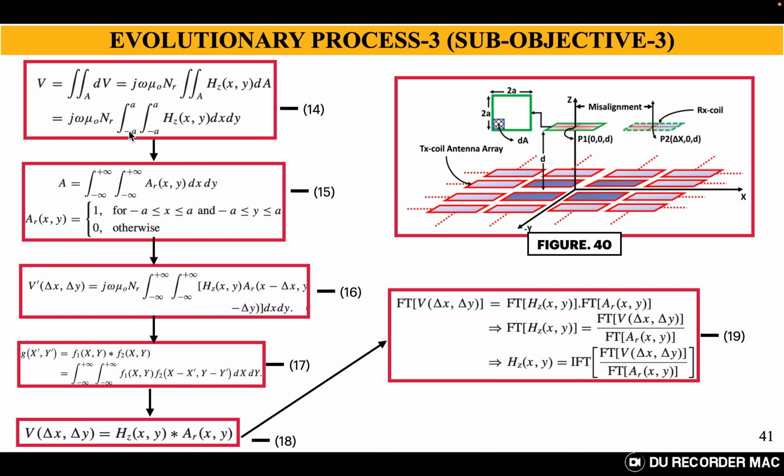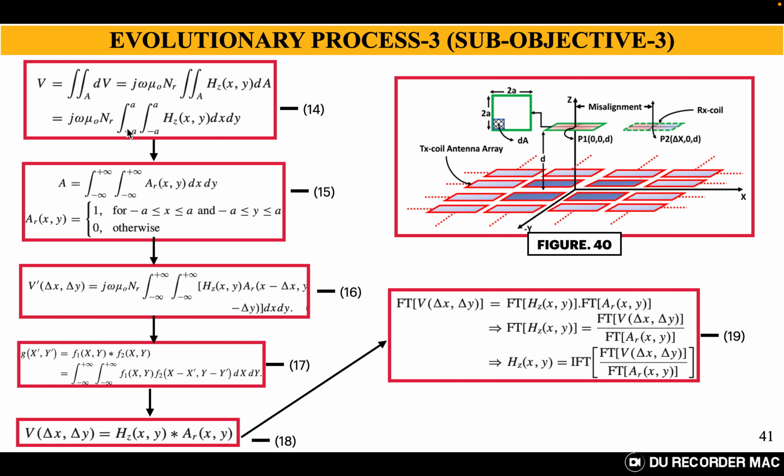Now you can see in equation 14, the limits are from minus a to a for both the x and y directions. The reason is, under the perfectly aligned condition, the dimension of the receiver coil is 2a, so it would be minus a to plus a along x as well as minus a to plus a along y.